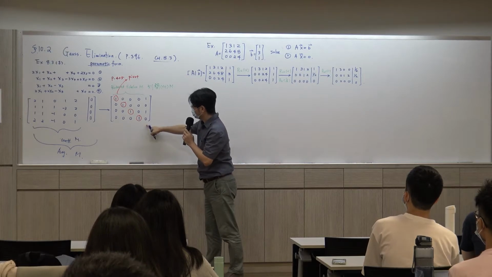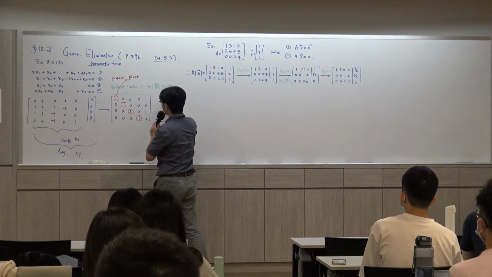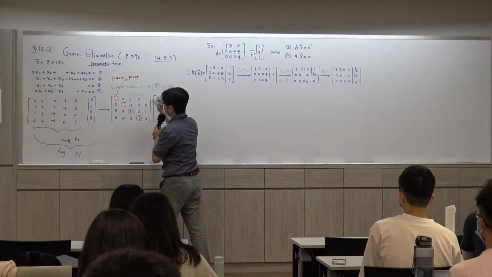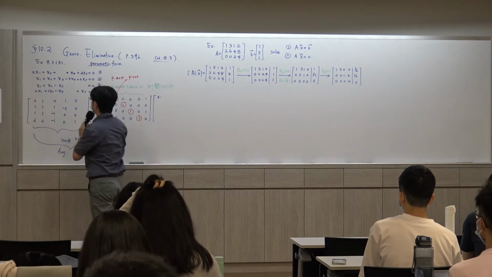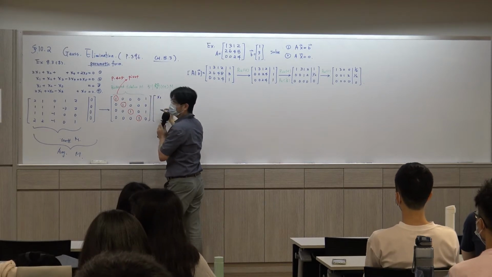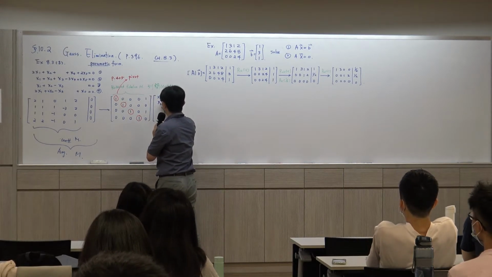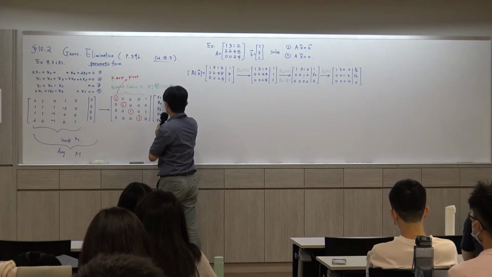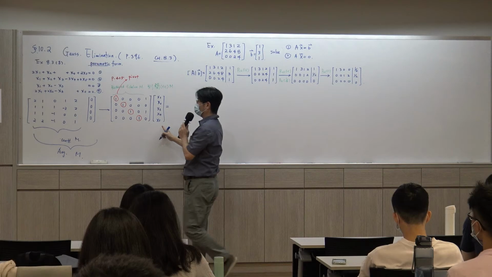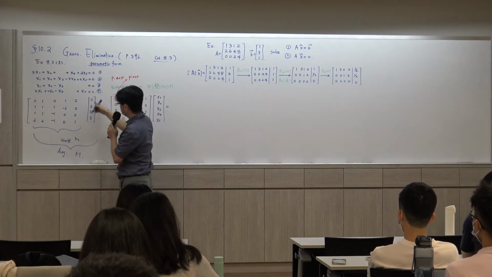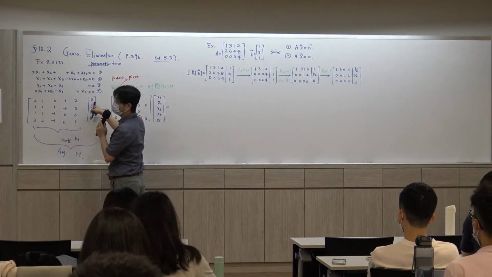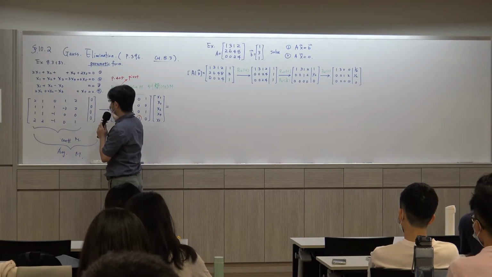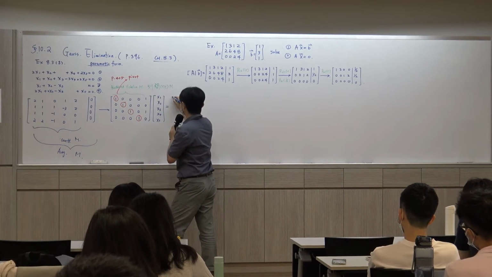This matrix is a reduced echelon matrix. In this case, we have 5 variables: S1, S2, and so on, right? And because this column is all 0, after any operation, it should be 0.